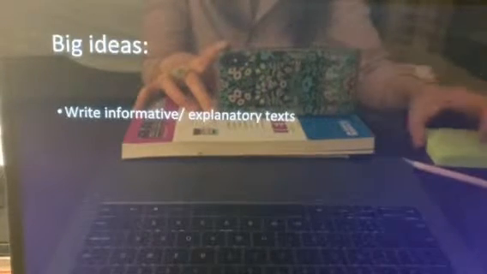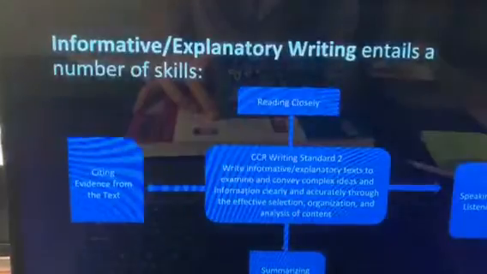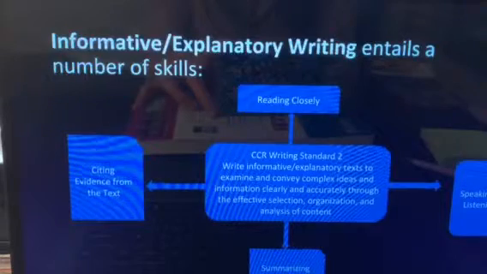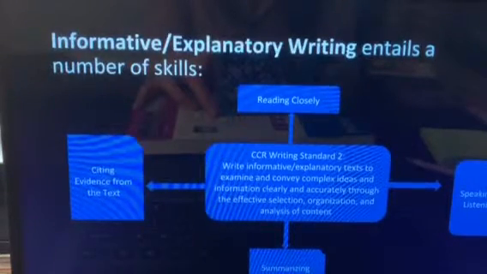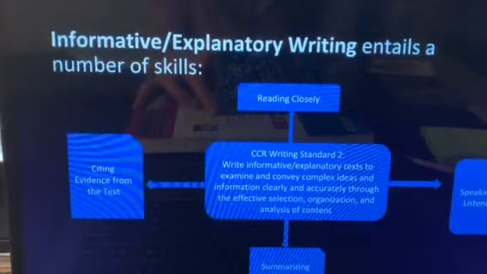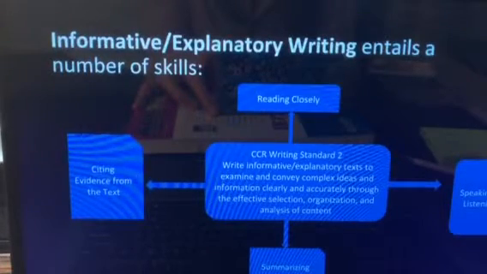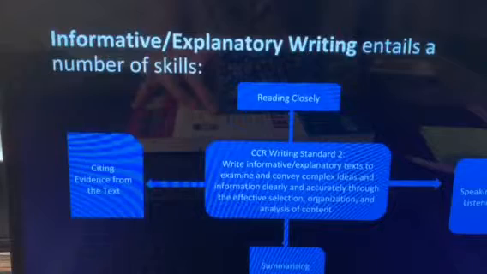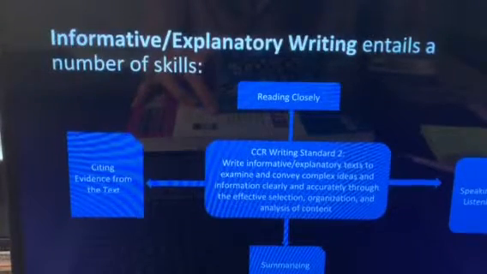The big idea for this lesson is that they are able to write informative, explanatory text. So the writing entails a number of skills for students. They need to read closely, speak and listen with each other, and do collaborative work. And when they write, they need to cite evidence from the text.